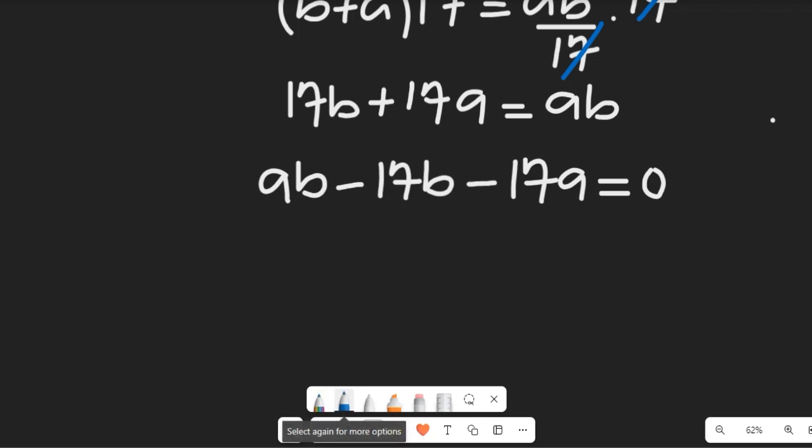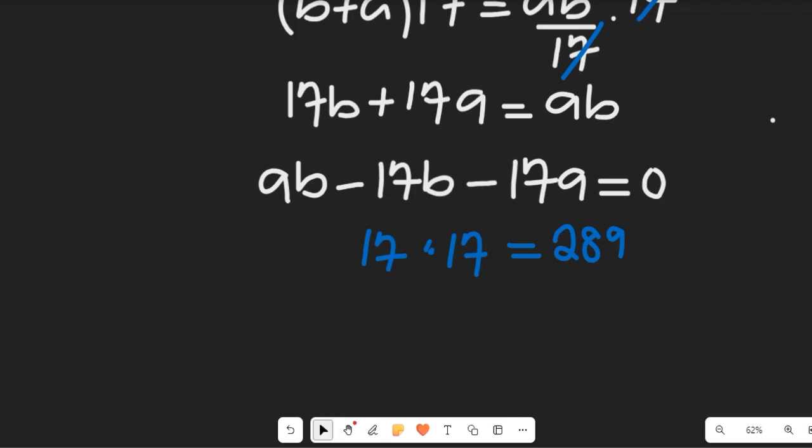Now let's check out something. 17 multiplying 17 will be equal to, 7 times 7 will give us 49, alright? And 7 times 1 will give us 7, plus 1, that will give us 11. If we multiply these two, we're going to have 289, right? We will have 289.